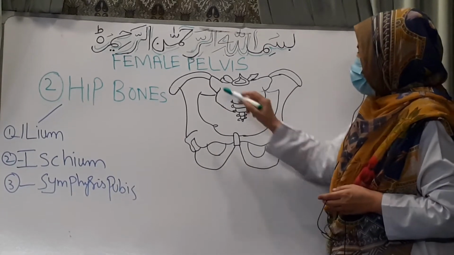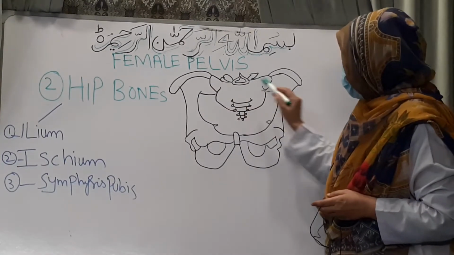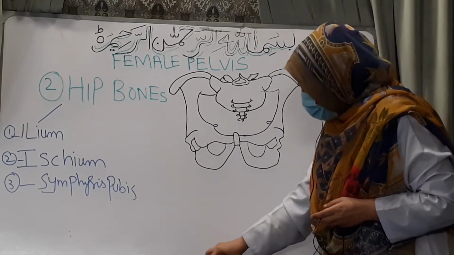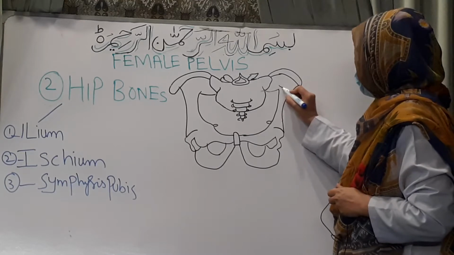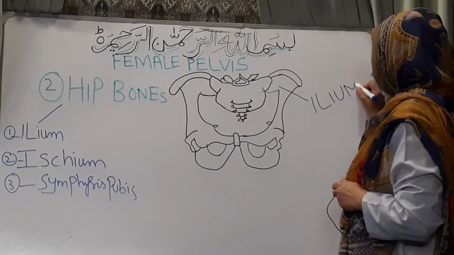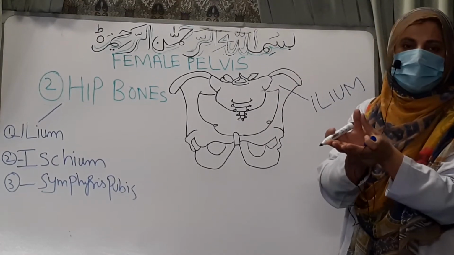You are watching this area, this expanded area. This expanded area is known as ilium. Ilium is the upper wide expanded area of the hip bone.